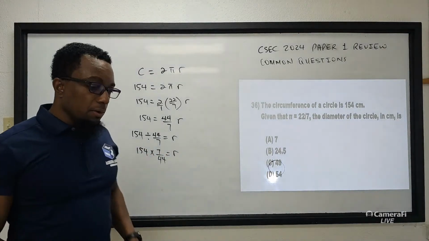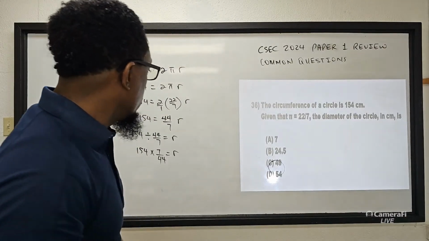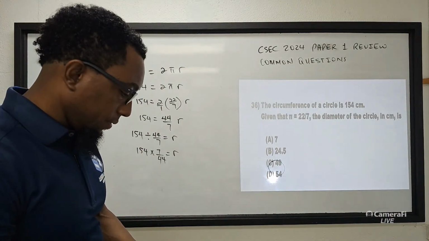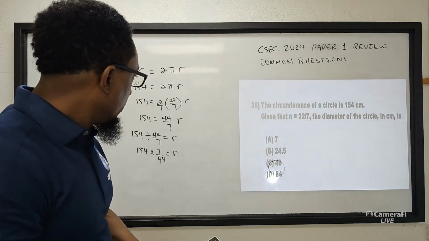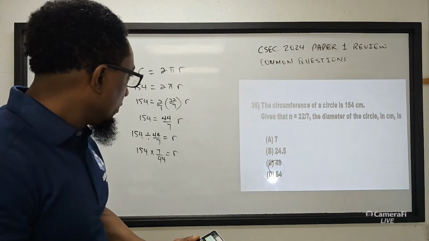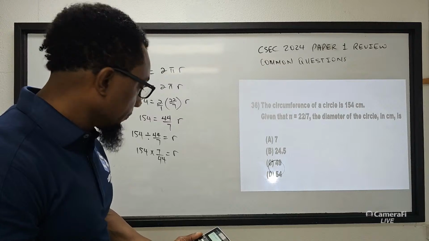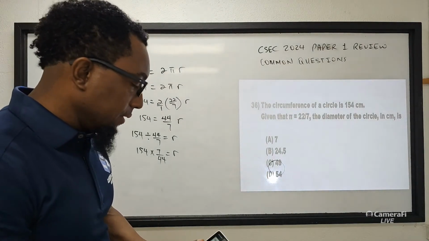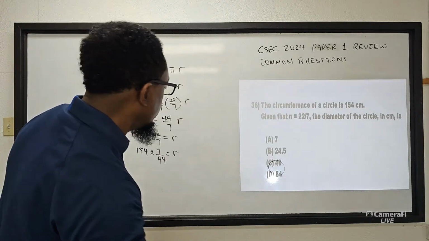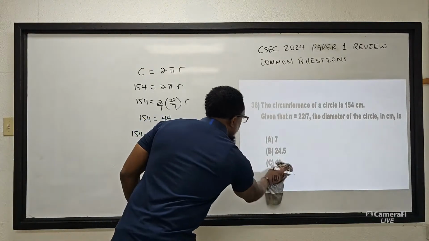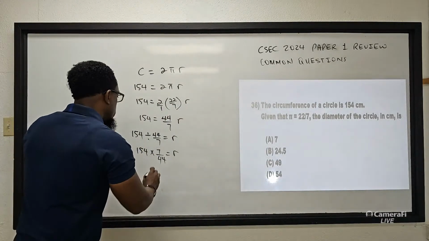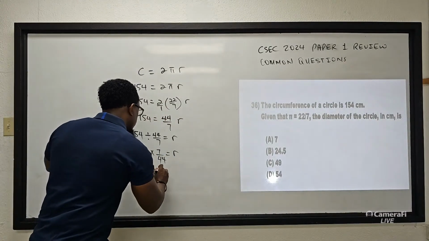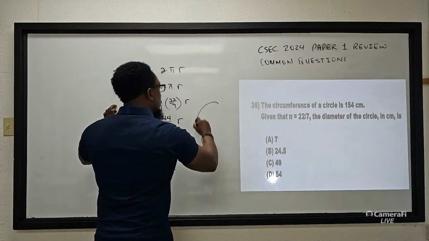When I work that out, that will help me to get the radius. 154 divided by 44 is 3.5, times 7. So the radius is 24.5.